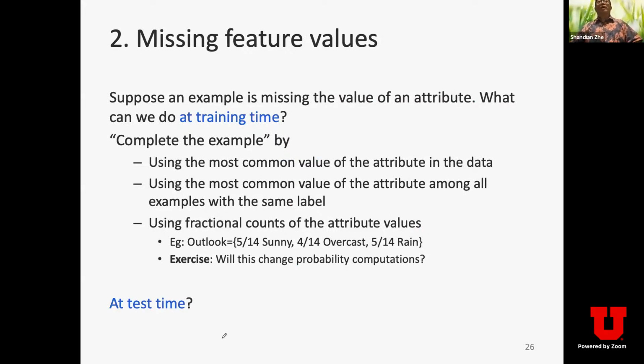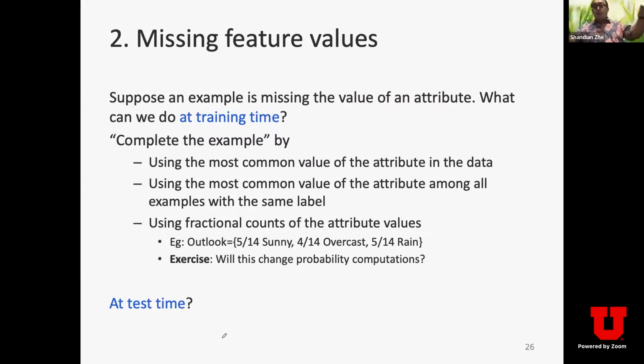No, you don't know the label. I want you to tell me the label by running your decision tree. Any thought? Yes, excellent, you're right.